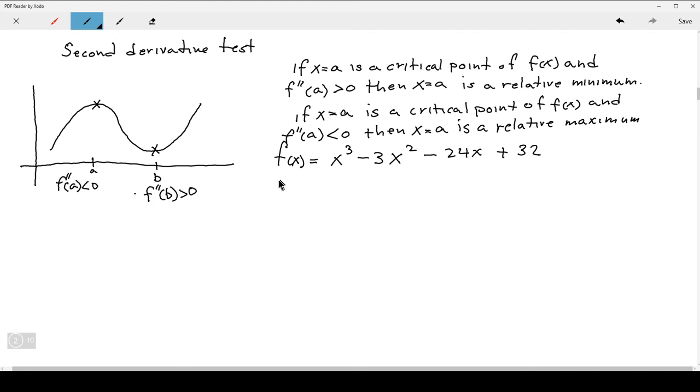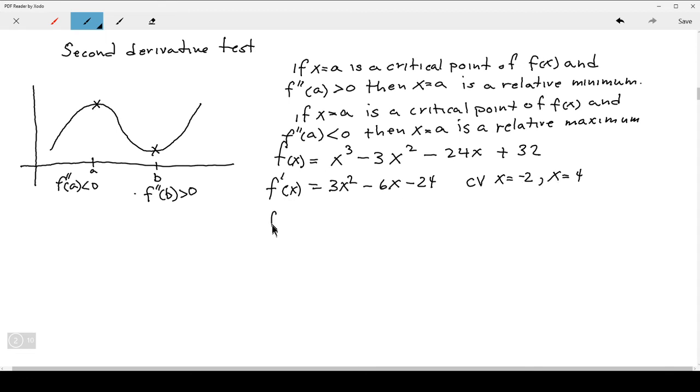We had the first two derivatives, f prime of x, 3x squared minus 6x minus 24, and we had two critical values. I'm going to start abbreviating this because I'm getting tired of writing it over and over again. Critical values are going to be CV. Critical values where x equals -2 and x equals 4.